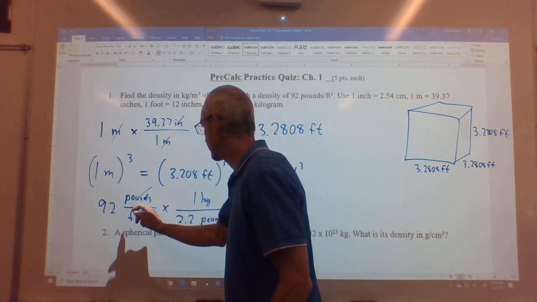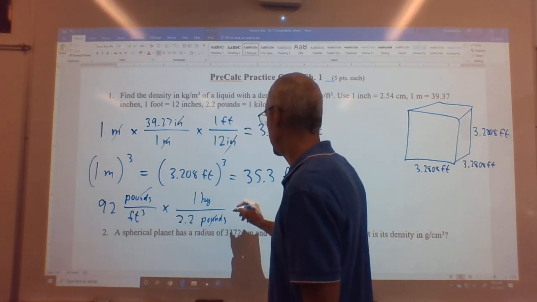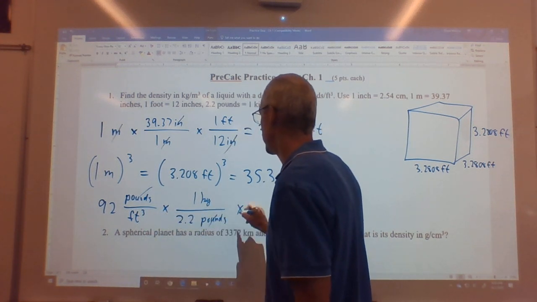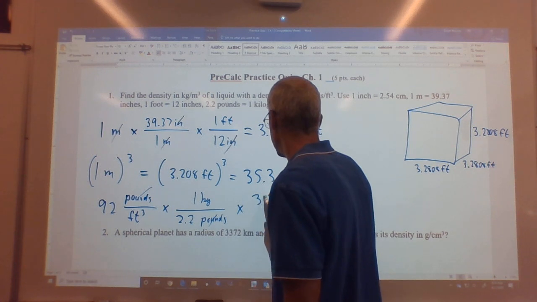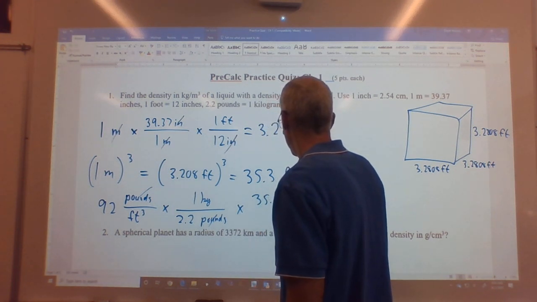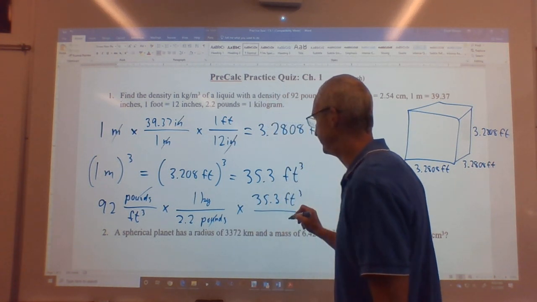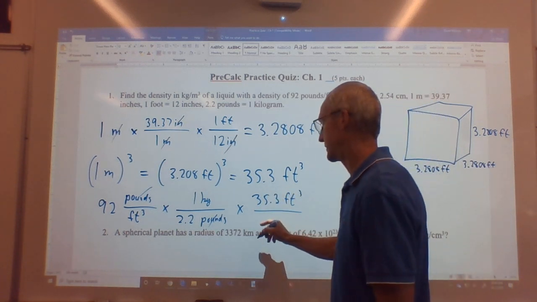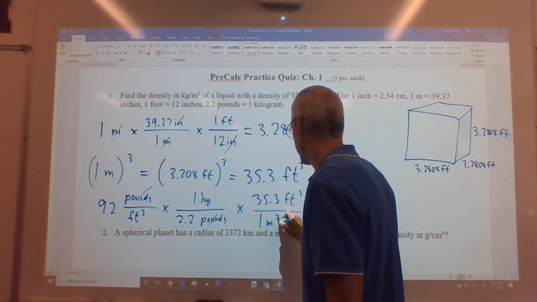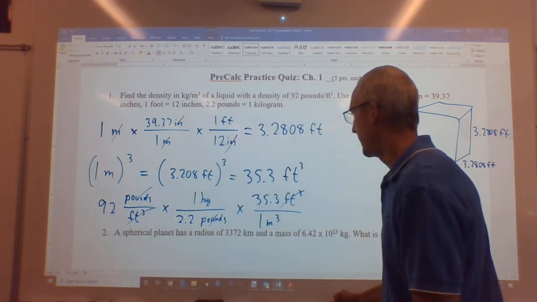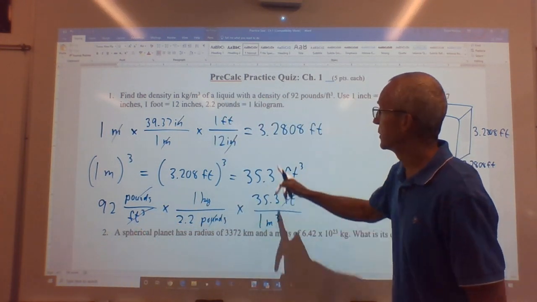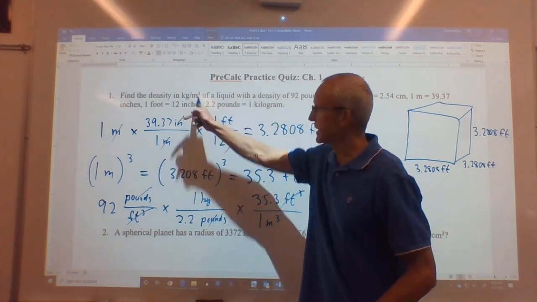That way the pounds cancel. Left with kilograms, but we want meters, so we multiply by, let's see, this number's in the top, 35.3 feet cubed is the same thing as 1 meter cubed, and the foot cubed in the top cancels out foot cubed in the bottom, and we're left with kilograms per meter cubed, which is what we want.